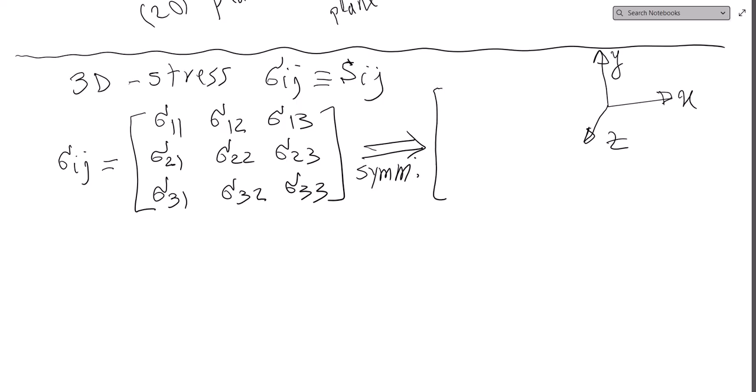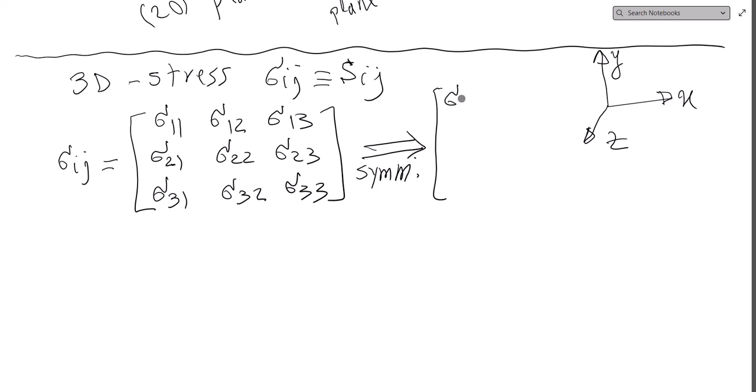Most of the time the stress tensor is symmetric, and then the calculation simplifies. This method doesn't require symmetry, though; otherwise, the procedure can still be applied for calculation.